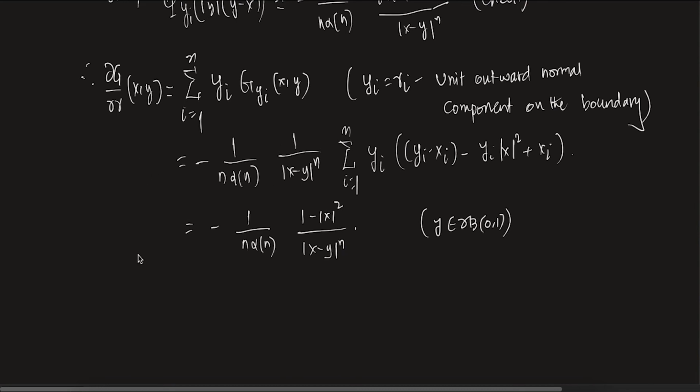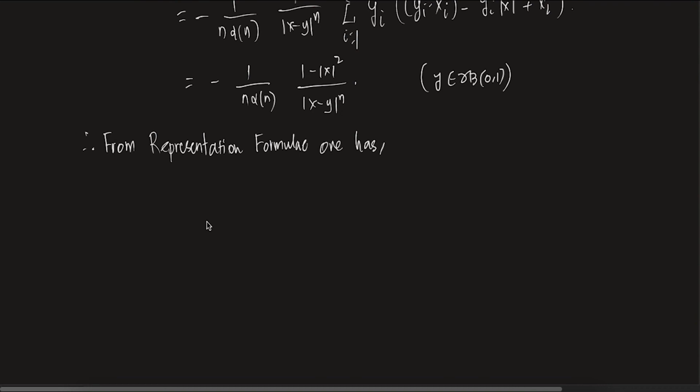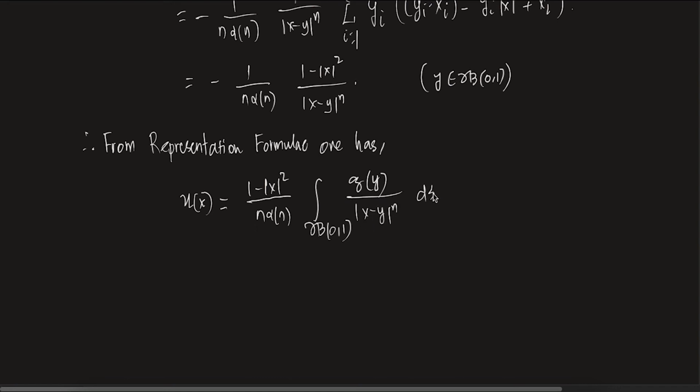Okay. Once I do this, therefore from the representation formula, one has u of x will look like (1 minus mod x squared) by n alpha n, times the integral over del B01 of g of y by |x minus y| to the power n, dS y.